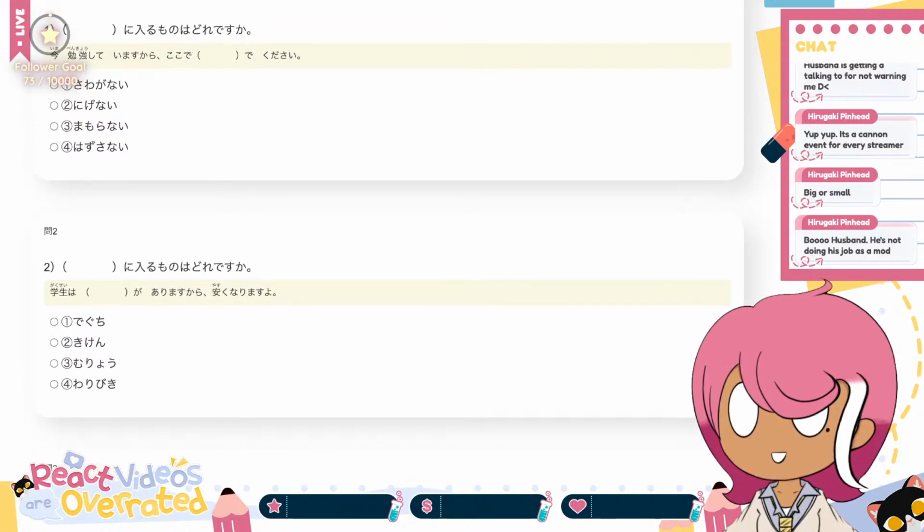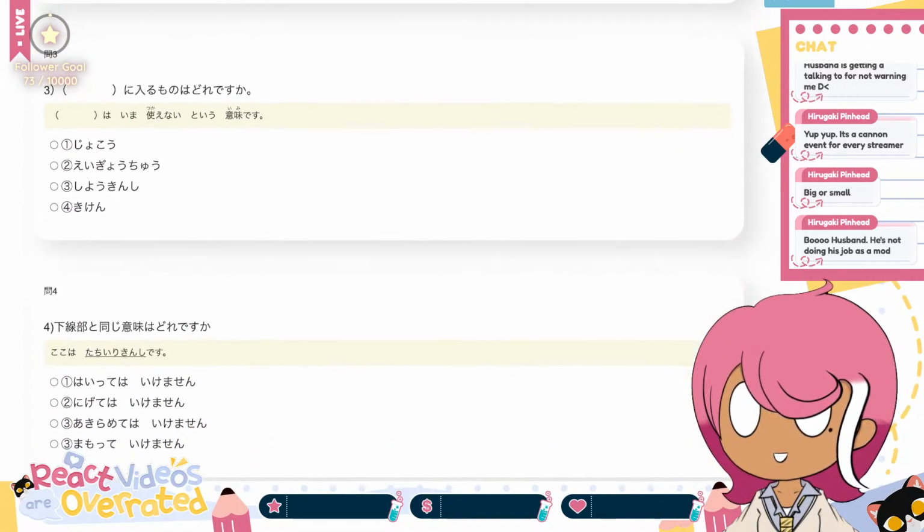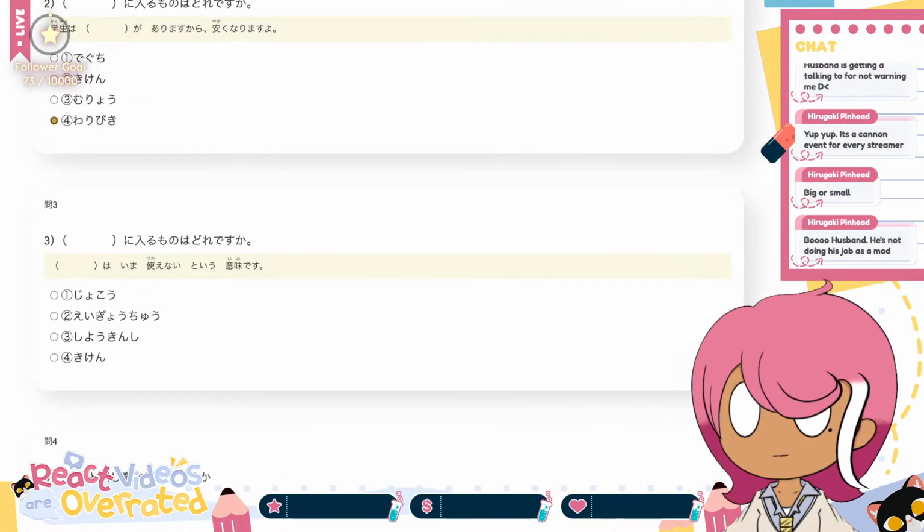今勉強していますからここで座るな。Do not sit. 学生は something がありますから、割引 the discount. Oh wait. ありますから安くなりますよ. Yeah, it becomes cheap.